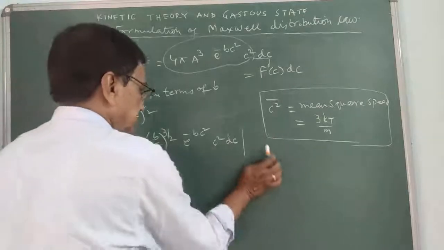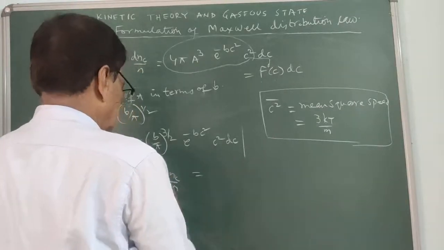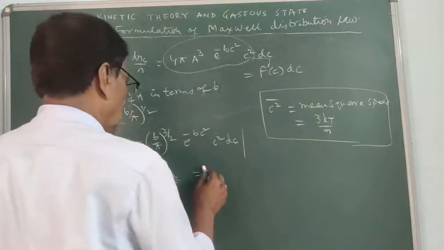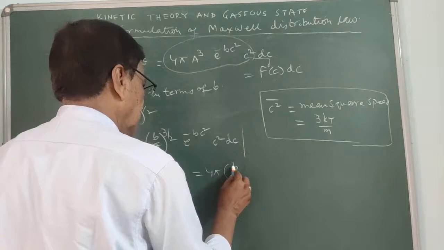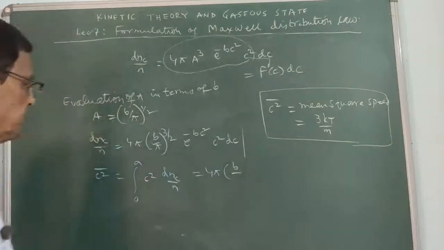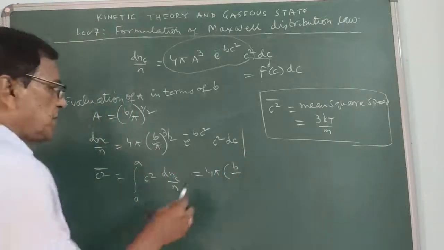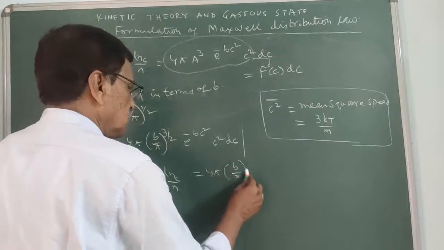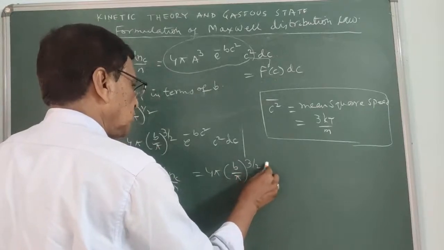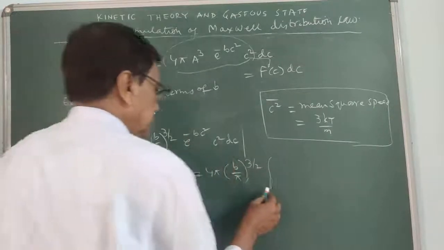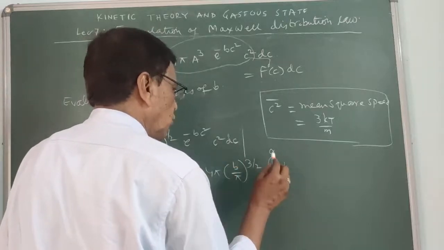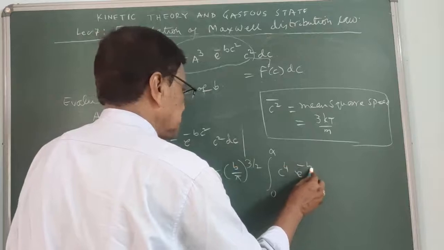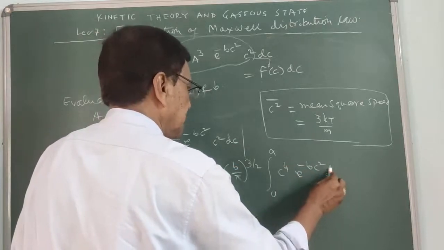So you can write here 4 pi, bring it outside of the integration, b by pi to the power 3 by 2, integration 0 to infinity c to the power 4 e to the power minus b c square dc.